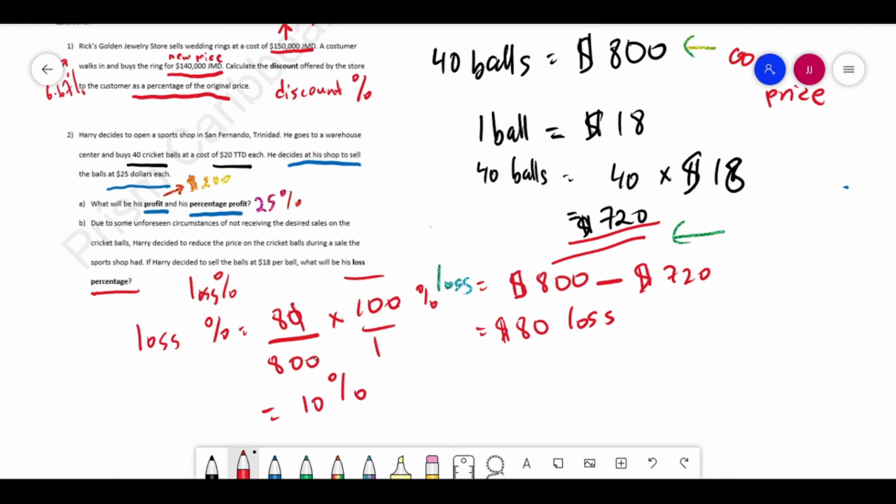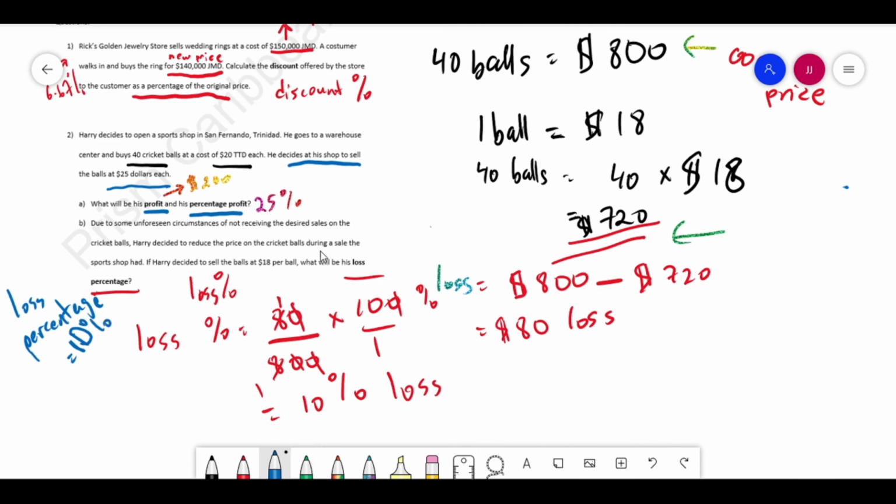So that means the loss percentage is equal to 10%.